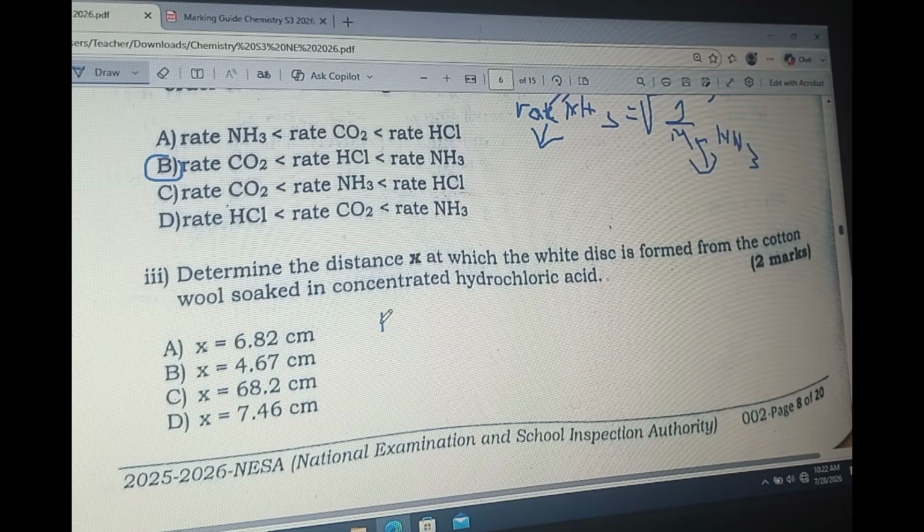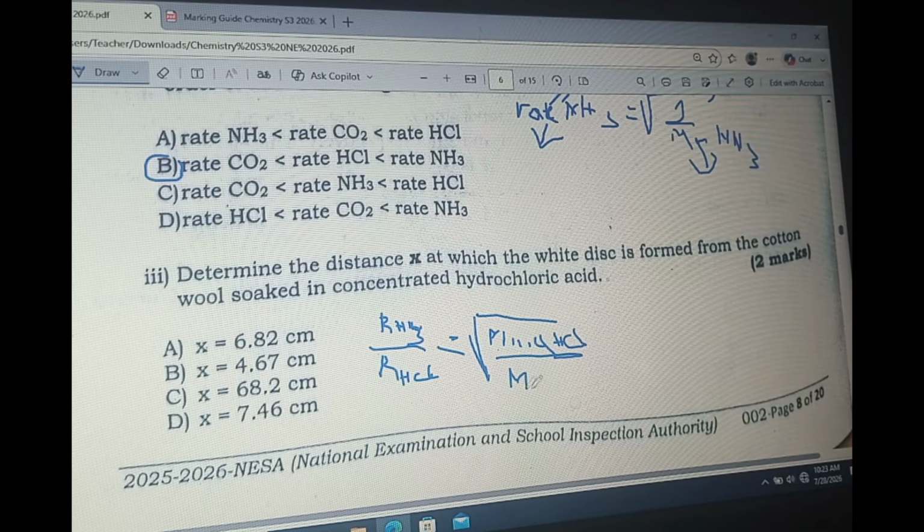We have the rate of ammonia over the rate of hydrochloric acid, which is equal to the square root of the molar mass of hydrochloric acid over the molar mass of ammonia.